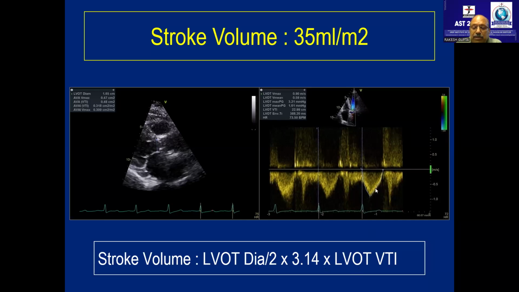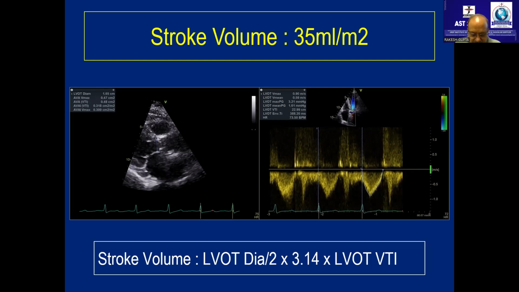You trace this Doppler spectrum pattern, you will get the LVOT VTI. So LVOT diameter squared, multiplied by 0.785, and then into LVOT VTI. That gives you stroke volume. This is an absolute stroke volume. Divide by body surface area, you will get a stroke volume index.